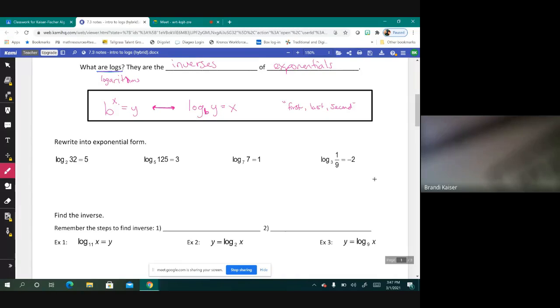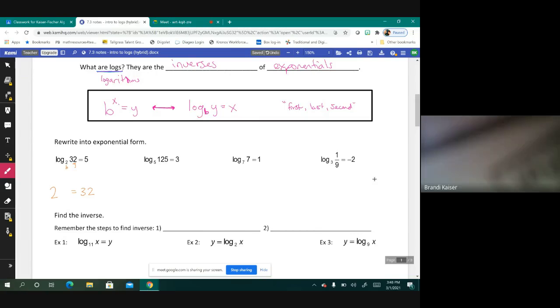If you look at the way the log function is set up, the base is what becomes the base in the exponential. So if my base is 2, that means 2 becomes my big number. The exponent, or the next value here. So we have the y here. But if the y is the thing we're supposed to equal over here, that means the 32 is what we should be equal to.